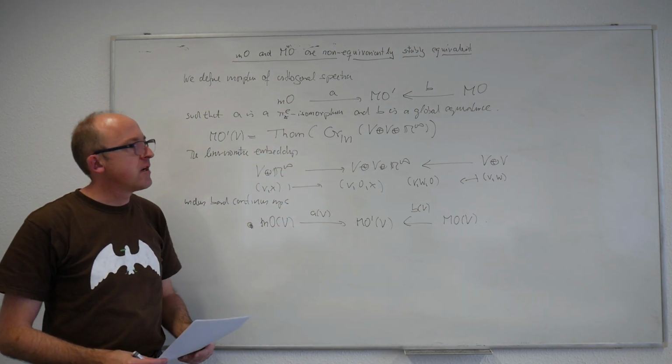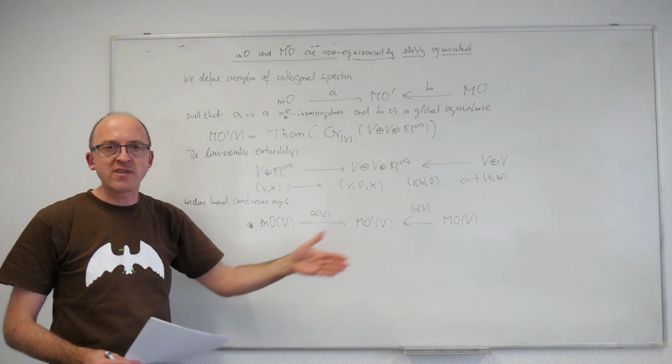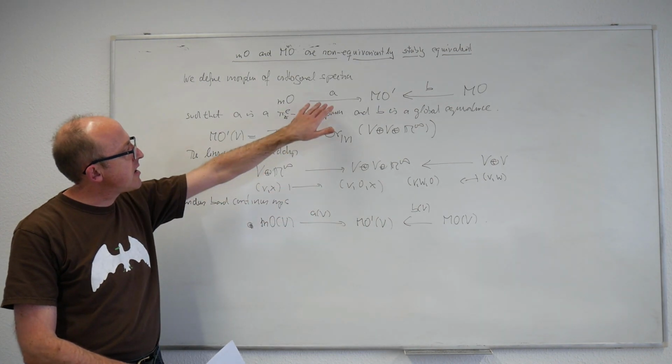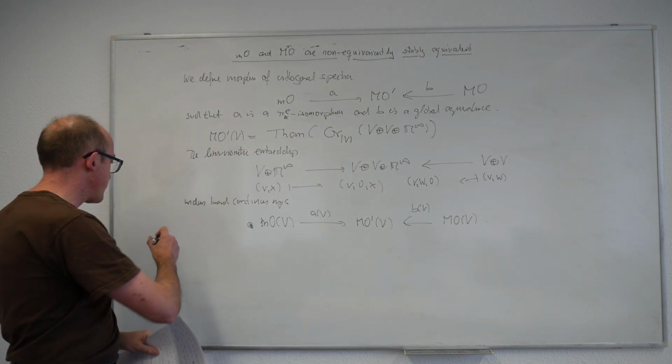So now what remains to do, other than you checking that these are really morphisms of orthogonal spectra, which is not difficult here, is to check that this is a pi star isomorphism and this is a global equivalence. So let me do the first one.